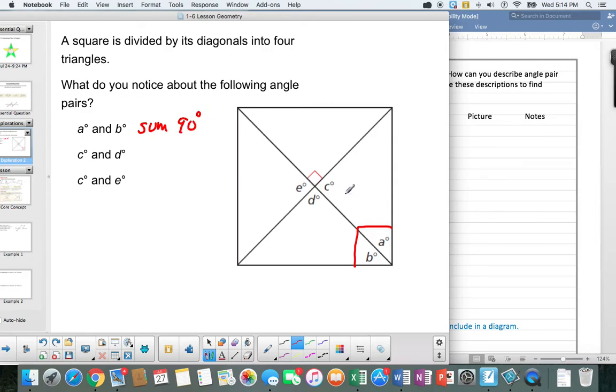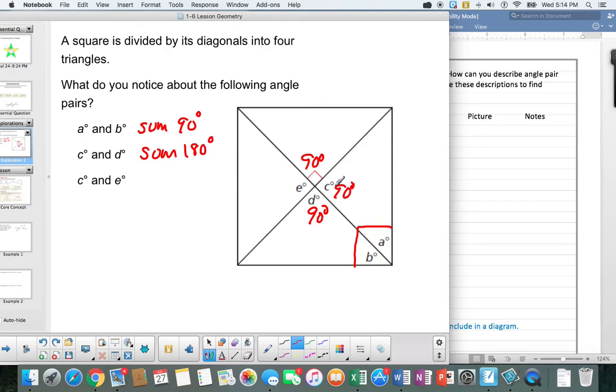Angle C, with this right angle symbol, means that this angle is 90 degrees. And we can see that this is a straight angle, so C is going to be 90 degrees. And again, another straight angle, with one angle being 90 degrees, the other one will have to be 90 degrees. So I notice that this sum is 180 degrees.